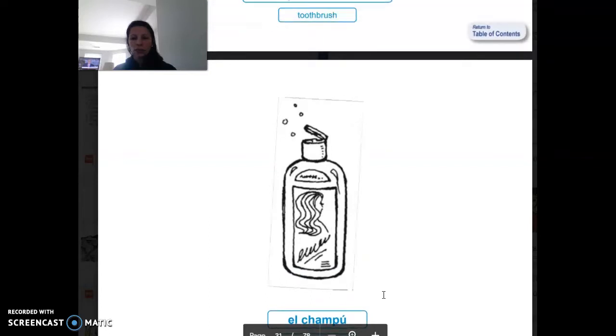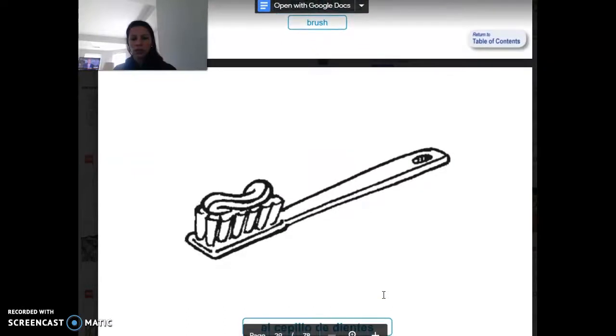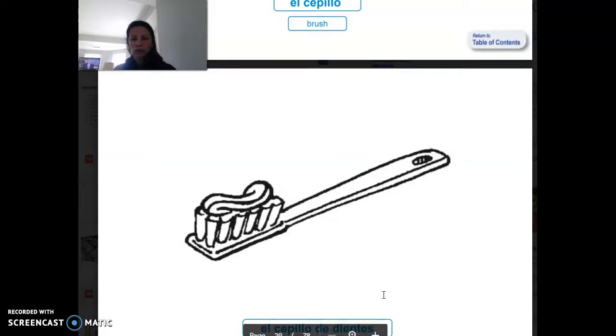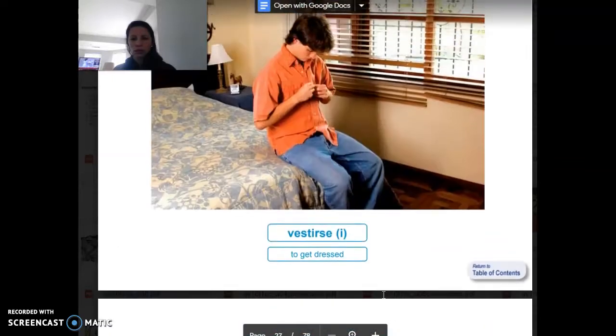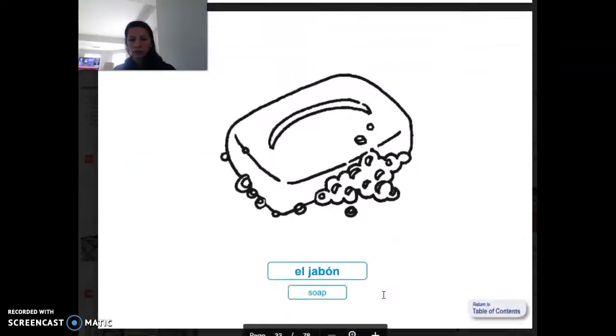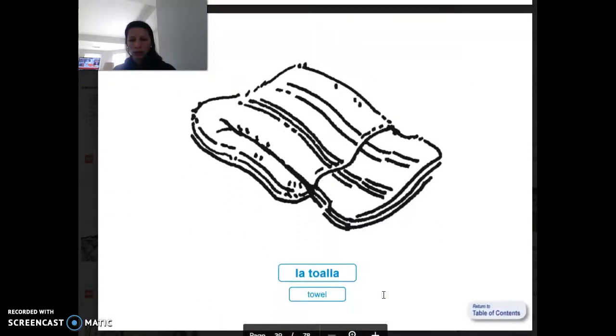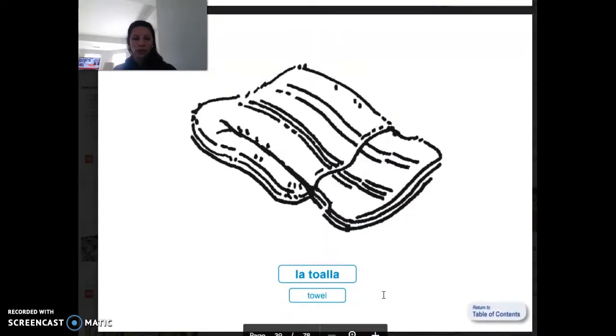El cepillo de dientes. El cepillo. A ver, una más. La toalla.